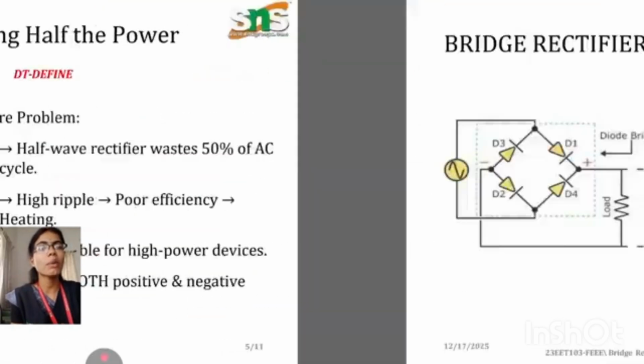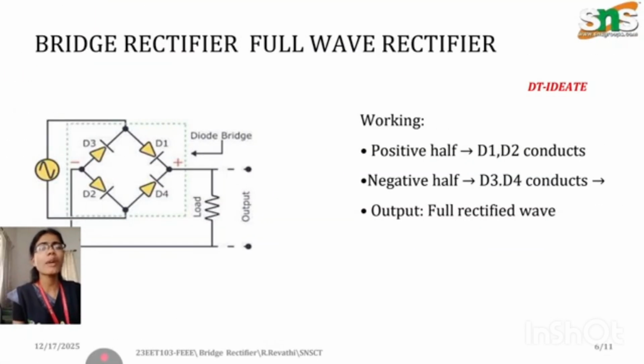Talking about this circuit, we have four diodes connected to each other. This arm-like structure of connecting the diodes is known as a bridge rectifier. We name them D1, D2, D3, D4. It is connected across an AC supply, and the load is connected across D4 and D3.